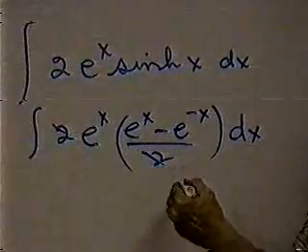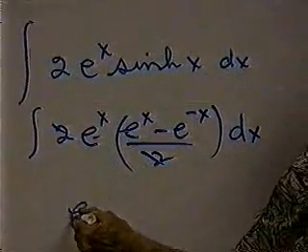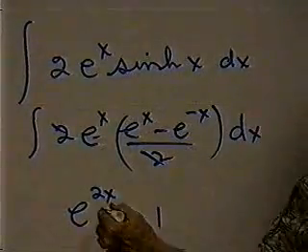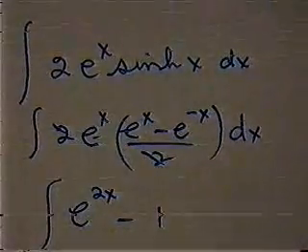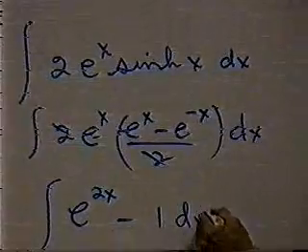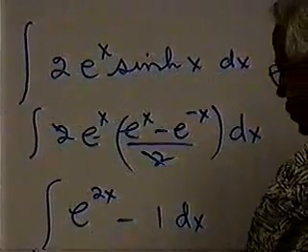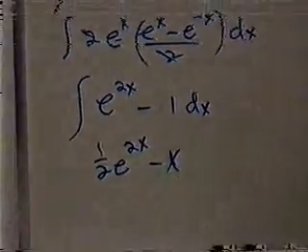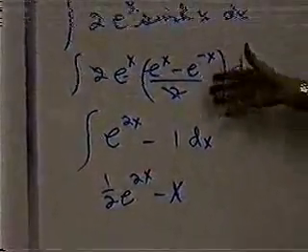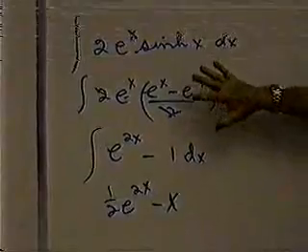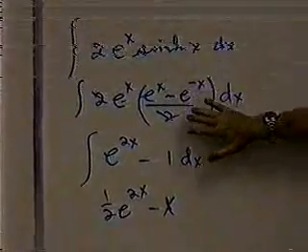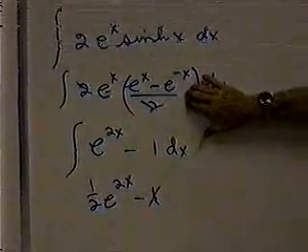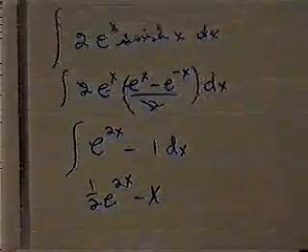So 2's drop out, and e to the x times e to the x is e to the 2x, and e to the x times e to the minus x is 1, and that makes the problem very easy. The integration of this is 1/2 e to the 2x minus x. So as you point out a few times, you have to change these things over to the definition of what hyperbolic functions are in terms of e to the x's, and then work it from there.